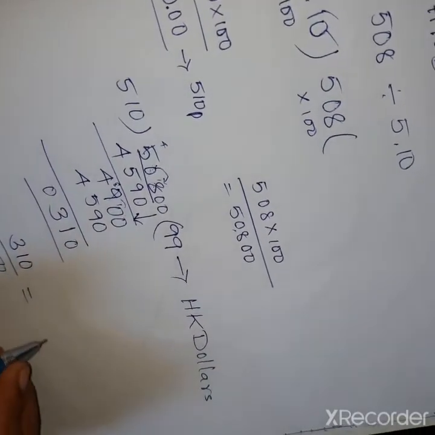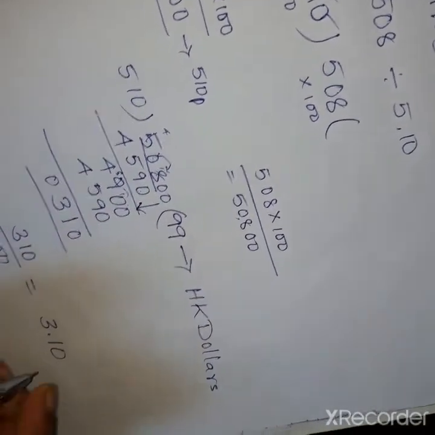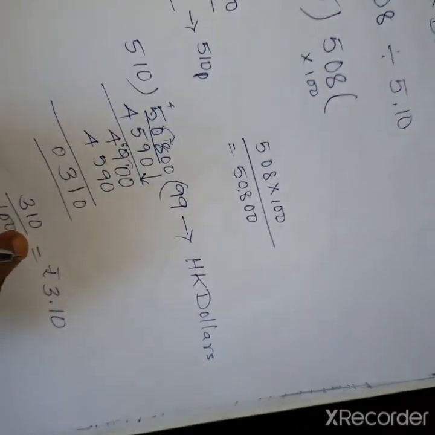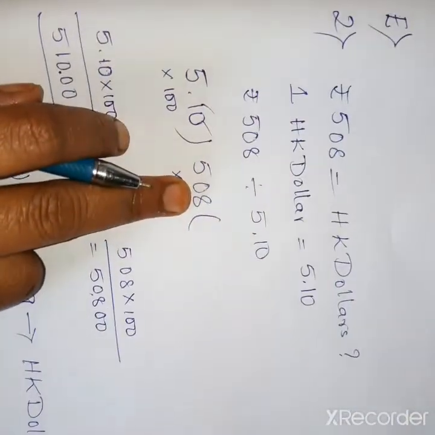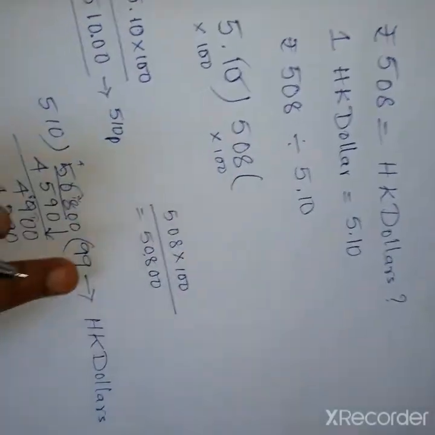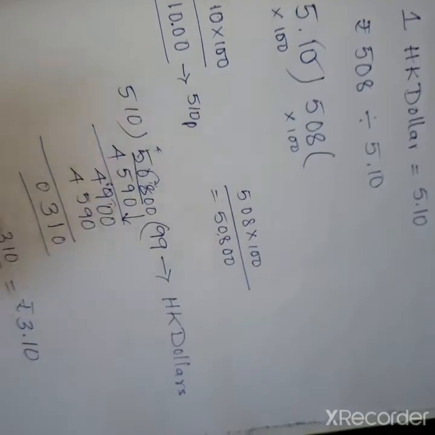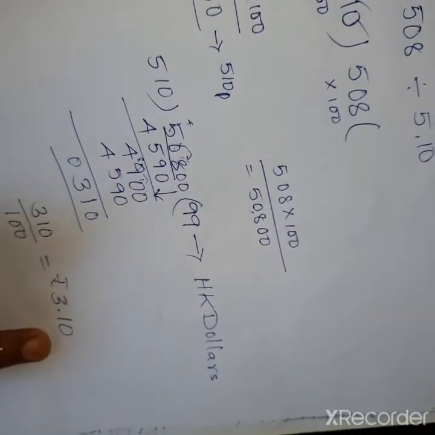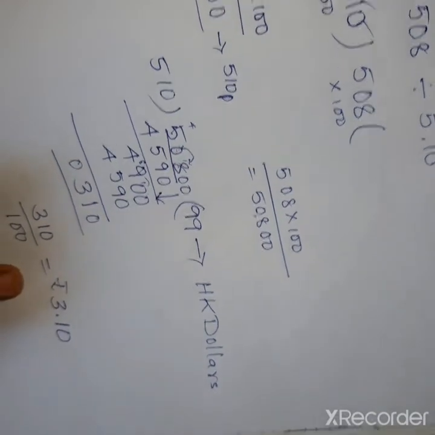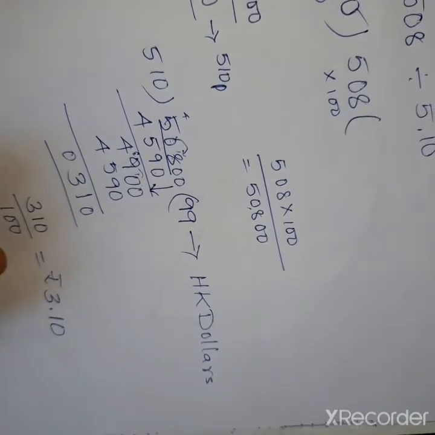So what we will get? 3 rupees 10 paisa. So this is the amount left with her. So 508 rupees, when she converts into Hong Kong dollars, she gets 99 Hong Kong dollars, and 3 rupees 10 paisa is left with her. Okay, this is the answer for question E, second part.